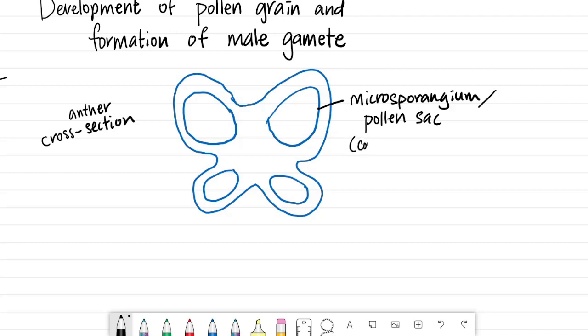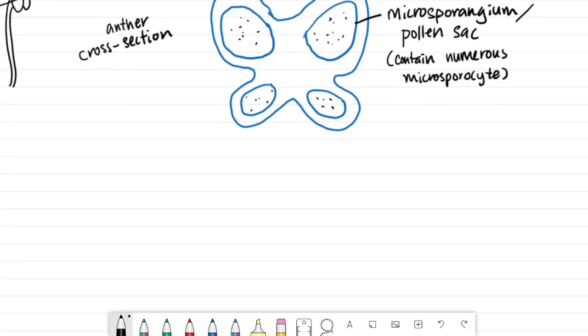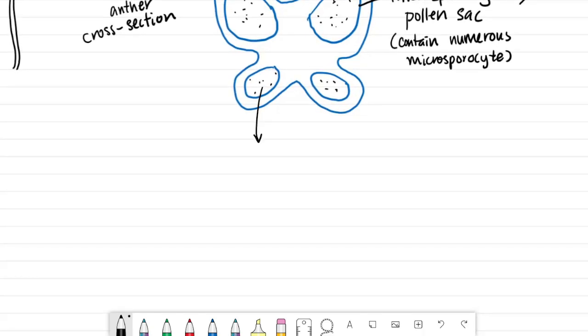So inside it contains numerous microsporocytes, or what is also called the pollen mother cell. Inside are lots and lots of little microsporocytes.